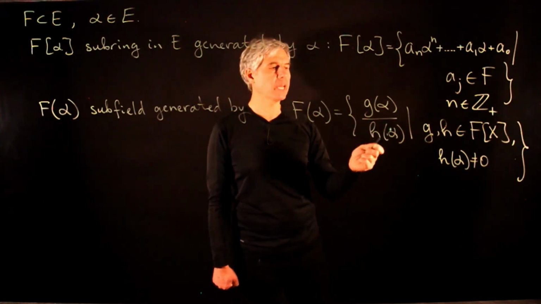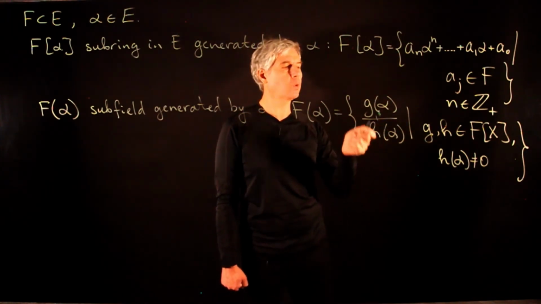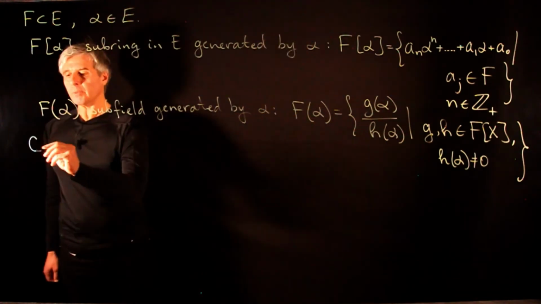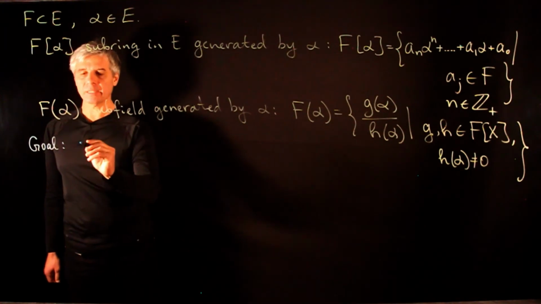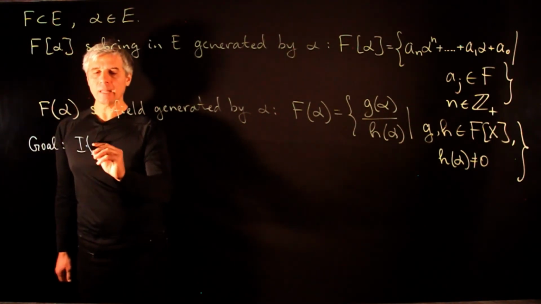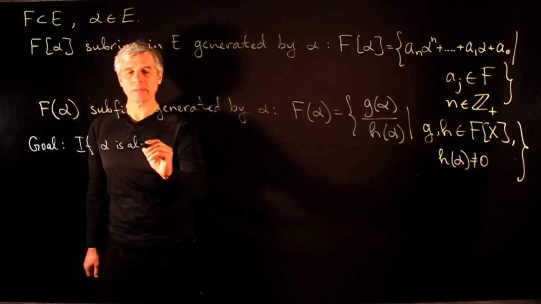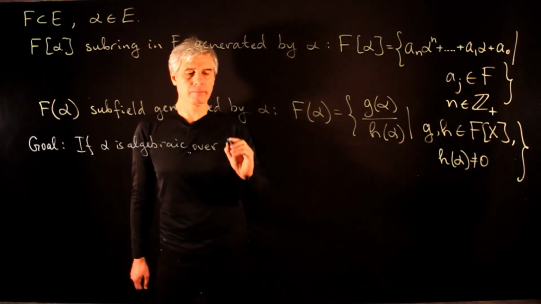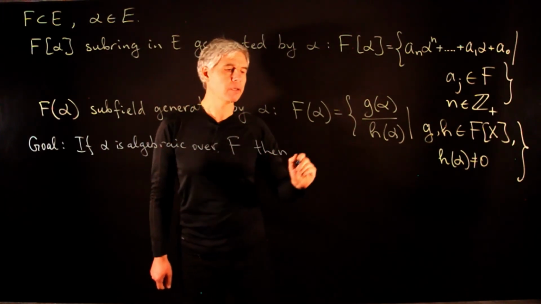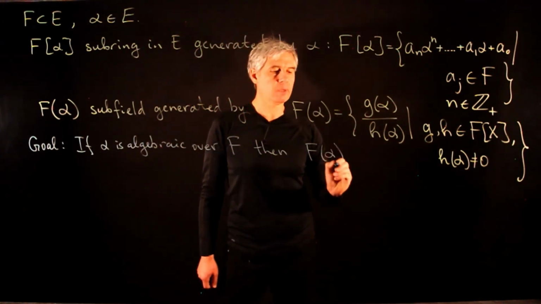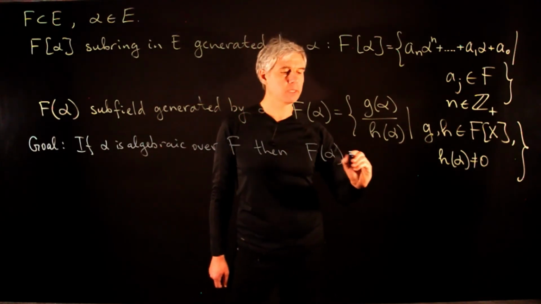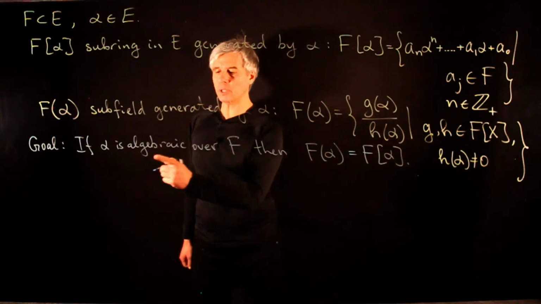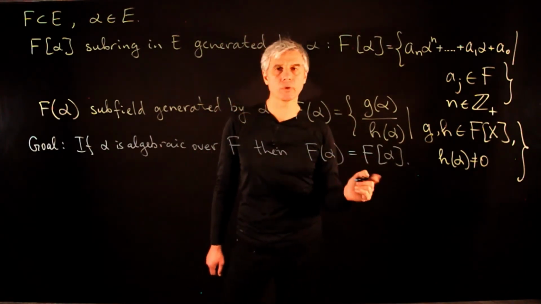Here, not only can we add and multiply such expressions, but we also can take inverses of non-zero elements of this form. What we want to show is that if alpha is algebraic over F, then actually these two sets are the same. The field extension with alpha is equal to the ring extension with alpha. And for non-algebraic elements, this certainly will not be true.